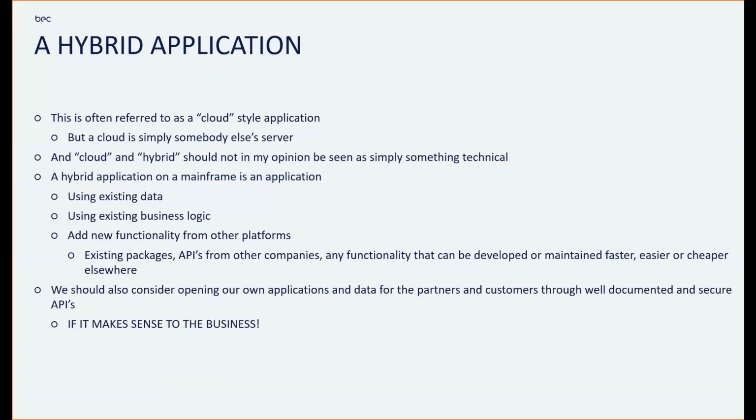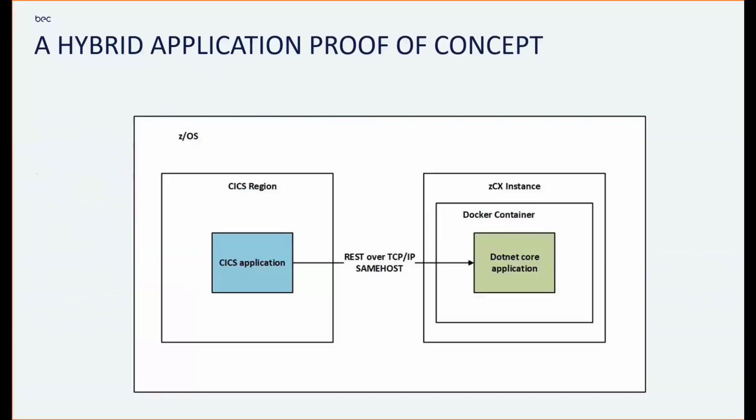It can be existing packages, APIs from other companies, or any functionality that can be developed and maintained faster, easier, and cheaper elsewhere. And of course, we should also consider if we can open our own application and data to our partners and customers, if it makes sense to the business.